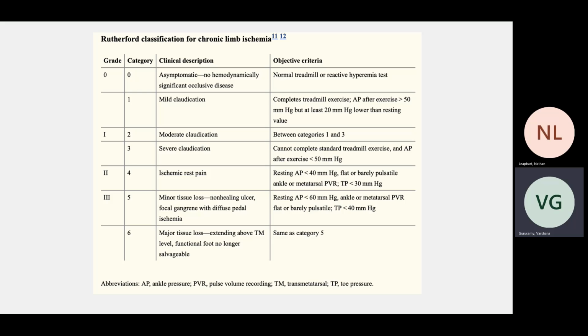And then Rutherford 4 is rest pain, and then 5 is minor tissue loss. You very rarely see Rutherford 6. This is like a huge amount of tissue loss. So tissue loss that's confined to the foot is minor. So we call that Rutherford 5. Does that make sense? This is how we classify chronic limb ischemia.